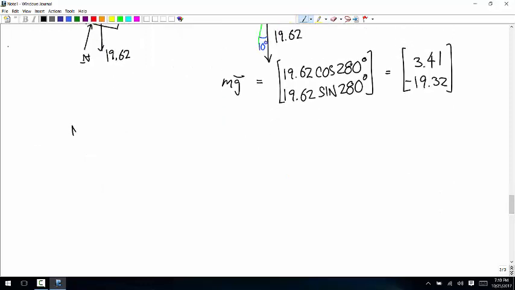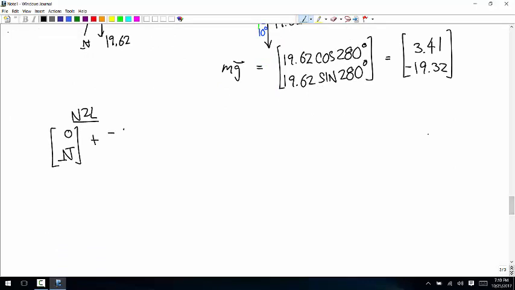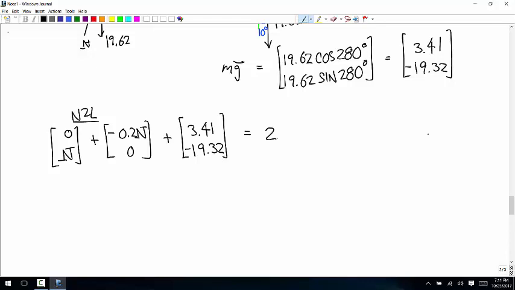Okay, so Newton's second law says the normal force, 0 and n, plus the friction, negative 0.2n and 0, plus the weight, 3.41 and negative 19.32, is equal to the mass, what was it, 2, times the acceleration.